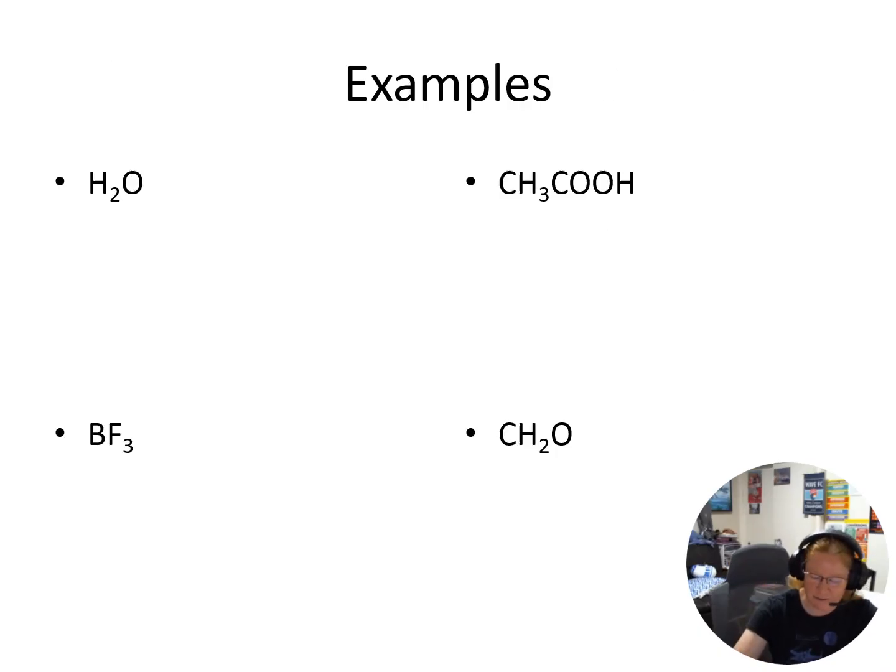All right, so here's a few others for you to try. I want you to pause, and I want you to draw the structure. Okay, so we're going to get... okay, there's our water. Here I gave you some structural information. I gave you that carboxylic acid, so you're going to have the carbon with the 3 hydrogens.